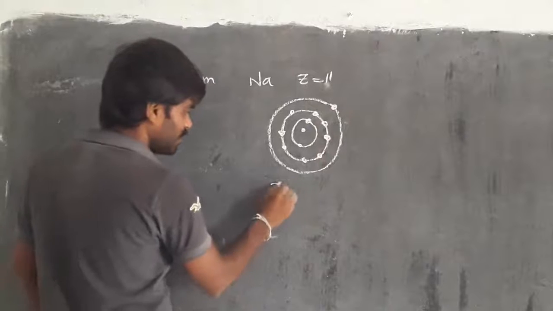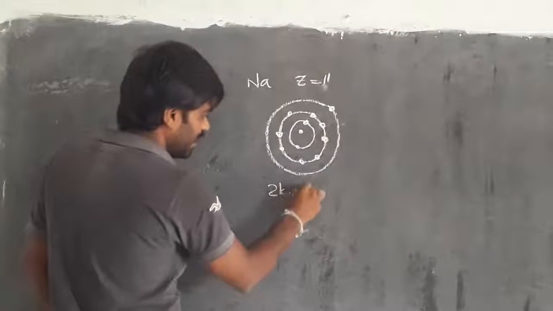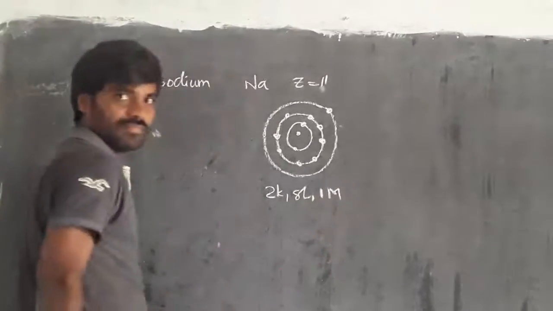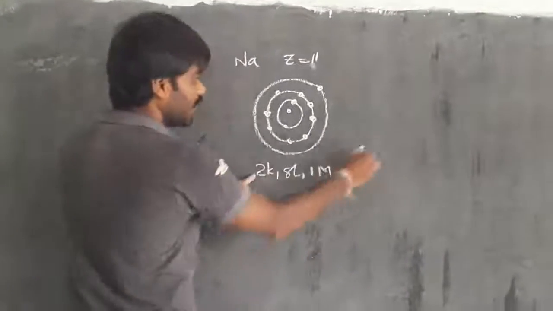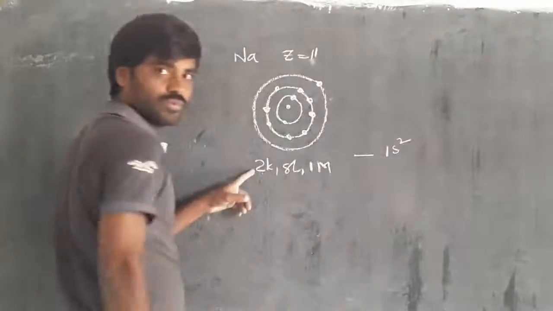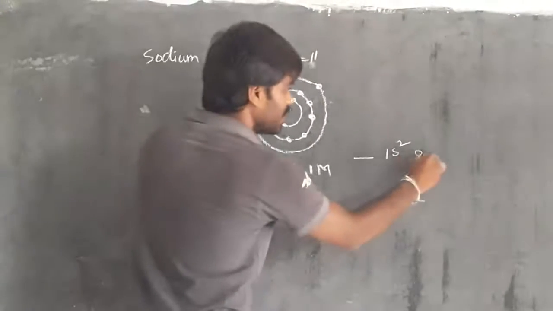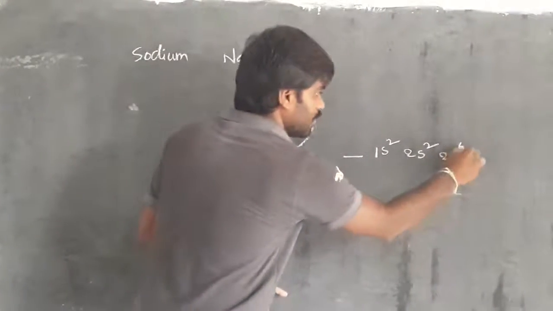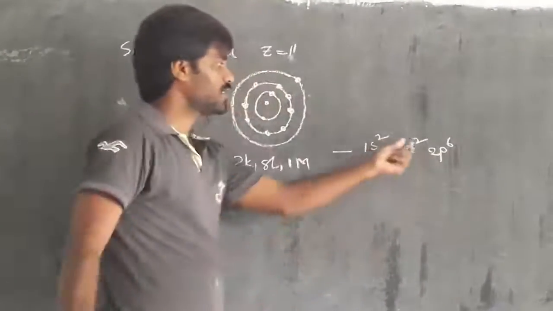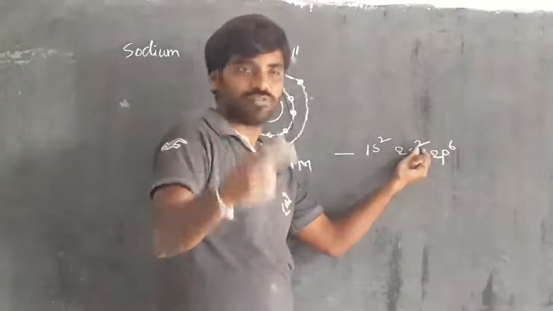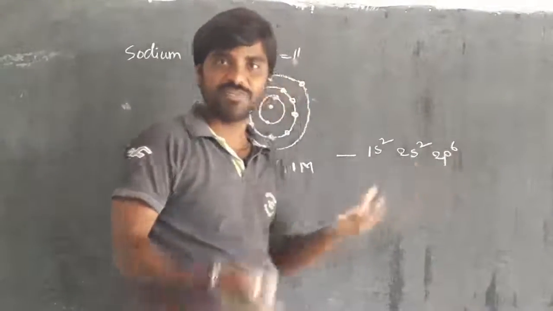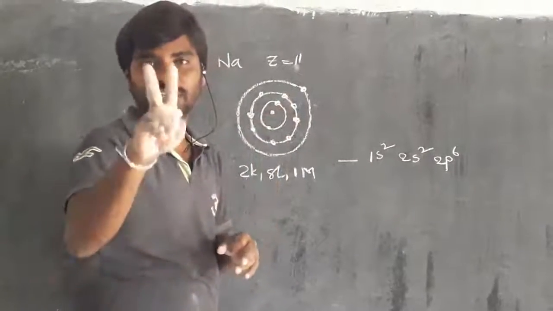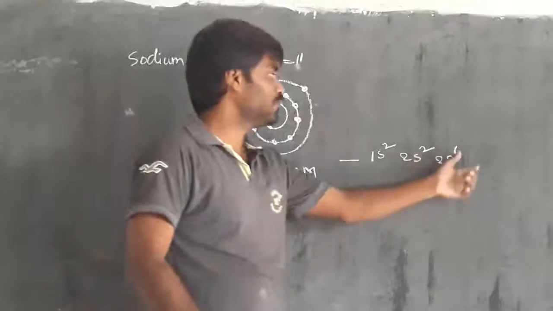So 2K, 8L and 1M. Here 2K means 1s2. Then 8L means first 2s followed by 2p. The 2s orbital capacity is 2 electrons and 2p is 6 electrons, since px, py and pz are there, each holding 2, so 2p is 6.